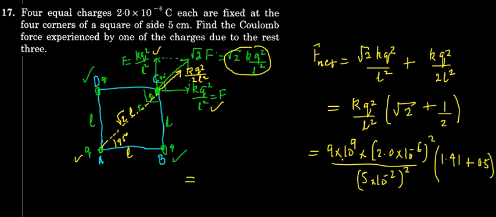So let's solve this. This is 9, this is 2 2s is 4, 9 4s is 36 into 10 to the power of 9. This is minus 12, and from the denominator we have a plus 4. Okay, divided by 5 square is 25. Okay, times what do we get inside the bracket? That is 1.91. Okay, so this is 36 by 25.